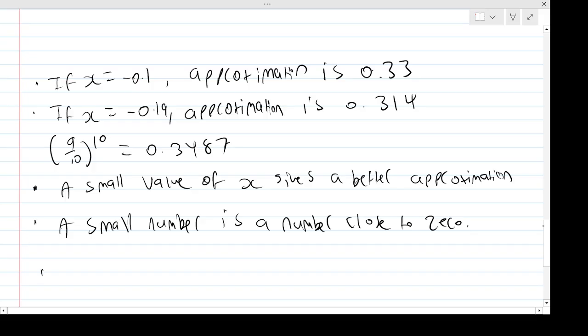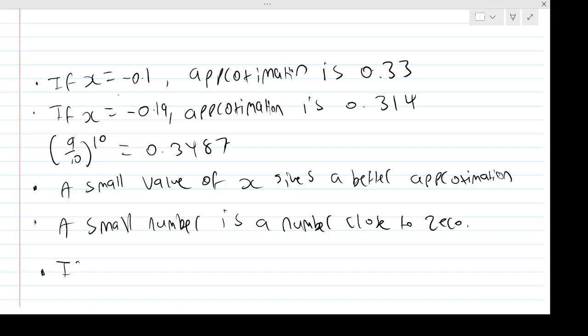So what this means is that if we have multiple values of x we can choose to substitute, as we've seen here, we had two possible x values, and we could probably think of more. x was minus 0.1 and minus 0.19. For both of those we found a way to get an approximation to 9 over 10. But which one do we pick to give the best approximation? Well, it's the smallest one.